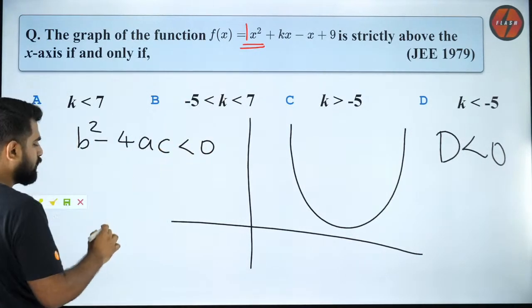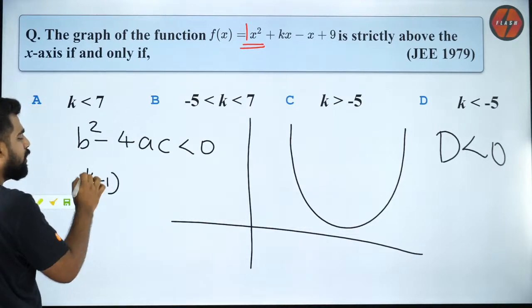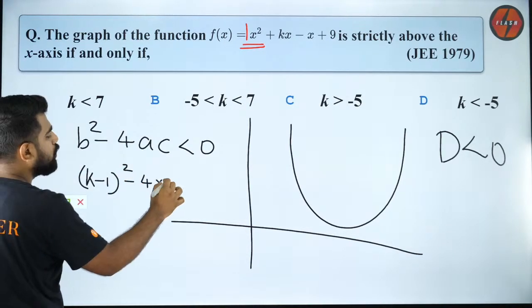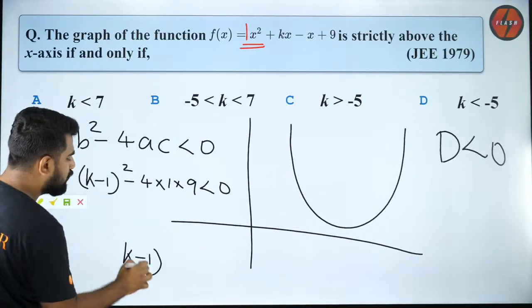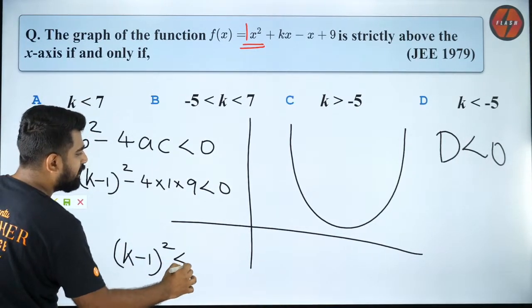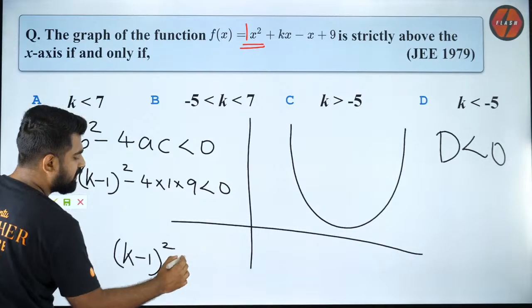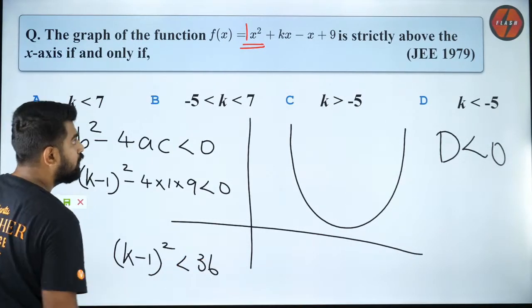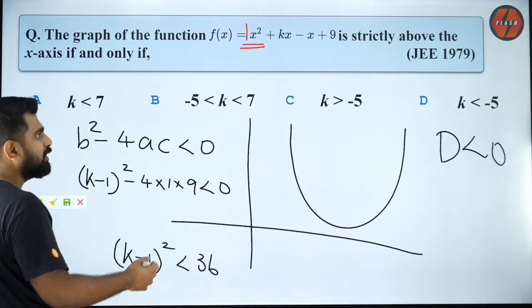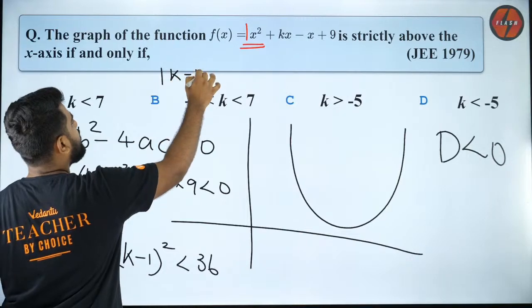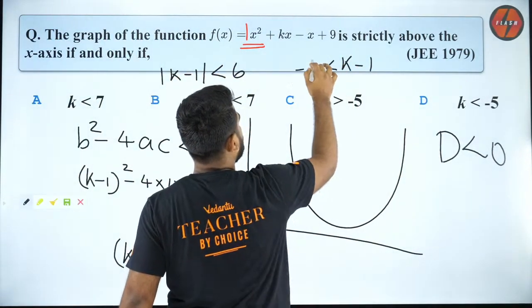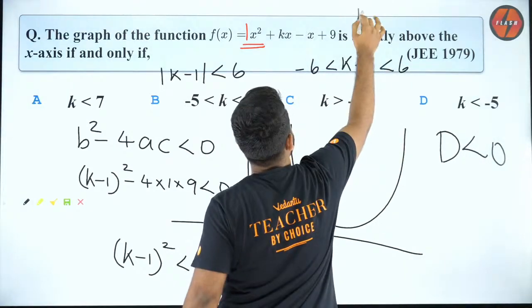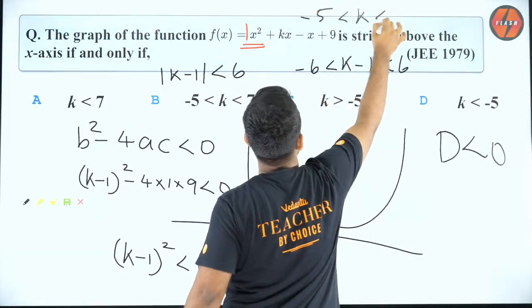What is b square? (k minus 1) whole square minus 4 into 1 into 9 is less than 0. So (k minus 1) whole square should be less than 36. If I take root, I can put mod of k minus 1 is less than 6. So k minus 1 should be between minus 6 to 6. So k should be between minus 5 to 7.